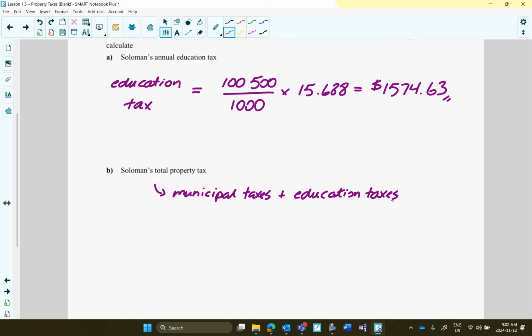From example one, the total municipal taxes were $2,543.13. From this example, part A, the education taxes were $1,574.63. So the total property taxes is going to be $4,117.76.